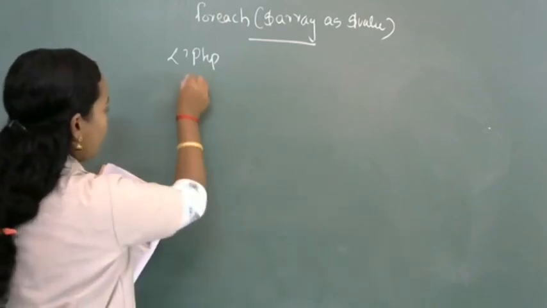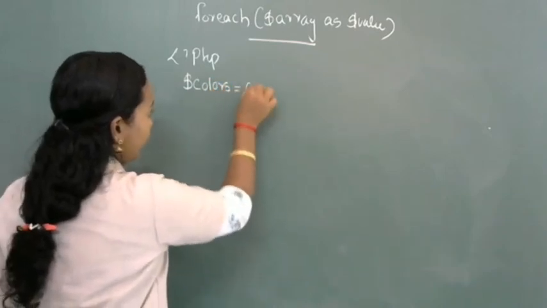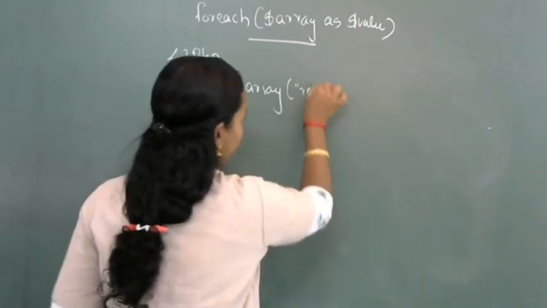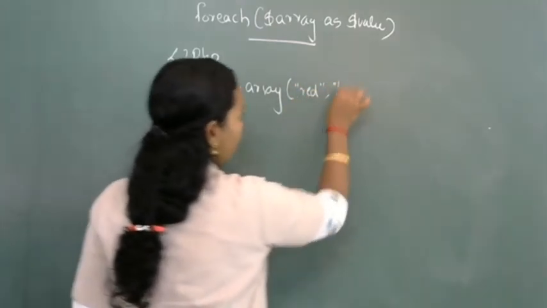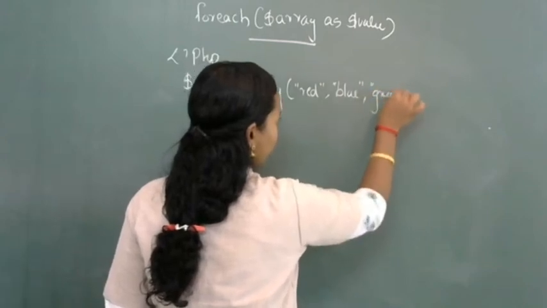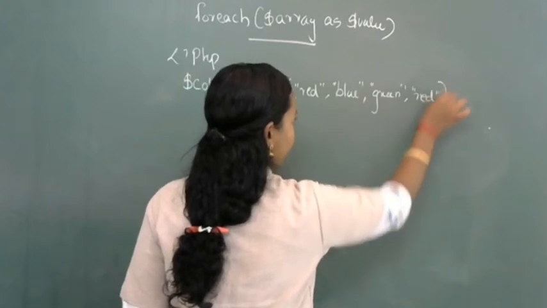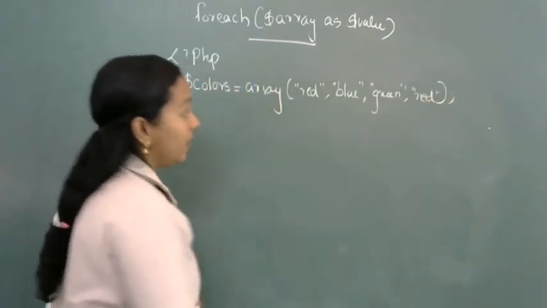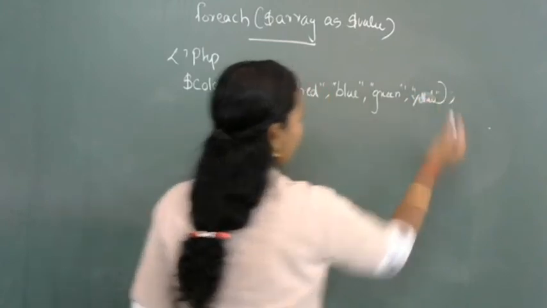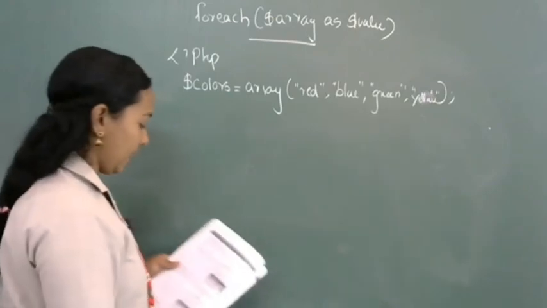So open PHP tag, dollar colors is equal to array, then red, comma, blue, comma, green, comma, yellow.